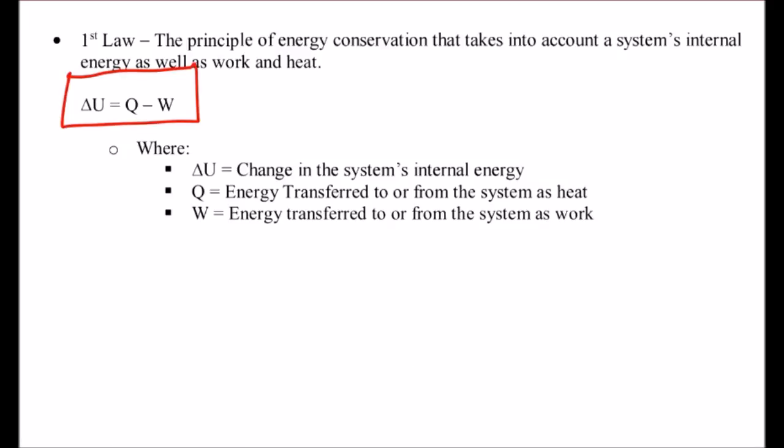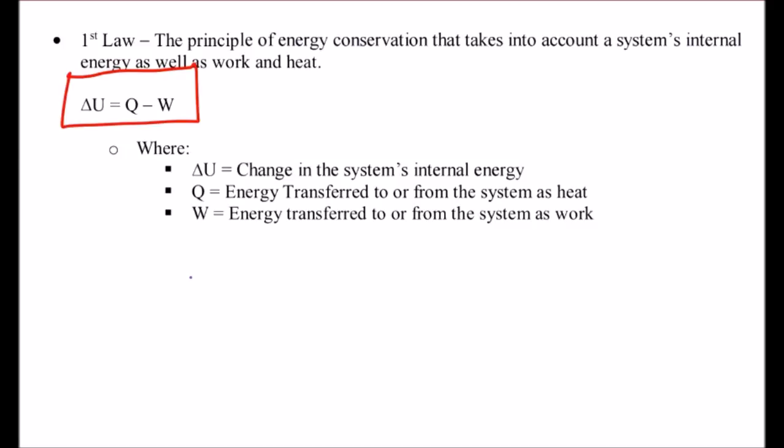So it's saying delta U, and U stands for the internal energy. So that's the change in a system's internal energy is equal to, and Q represents the amount of heat energy, and W represents the amount of work. So it's equal to the heat energy minus the work.